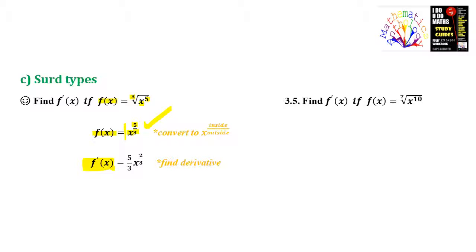So this becomes 1 times the exponent of 5 over 3, which is 5 over 3 in the front. And remember that you have to subtract 1 from the exponent. So 5 over 3 minus 1 becomes 2 over 3. So f prime x is equal to 5 over 3 x to the power of 2 over 3. That is the derivative.